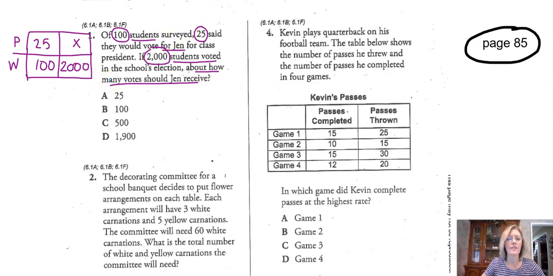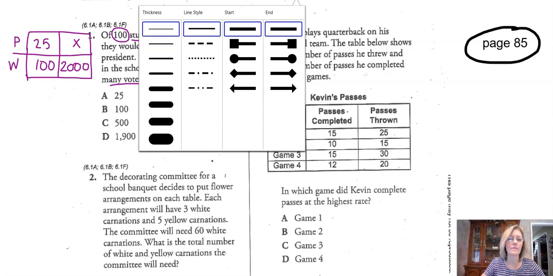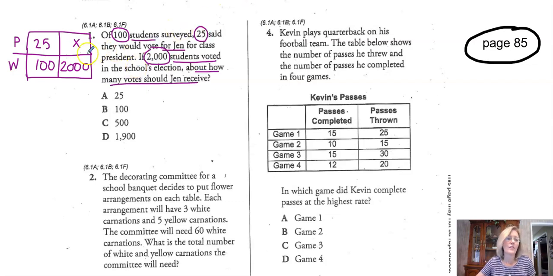I'm going to pick up another color. You take the things that are across from each other and you would multiply them and divide them by what's left over. So we would do 2,000 times 25. Remember last week what we talked about? An easy way to multiply if you have a lot of zeros.